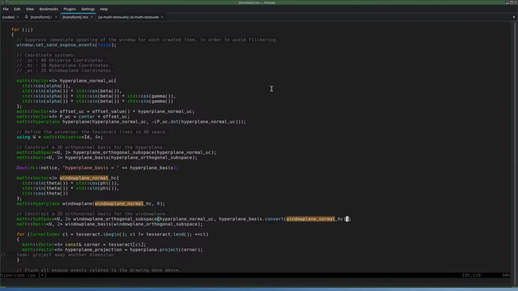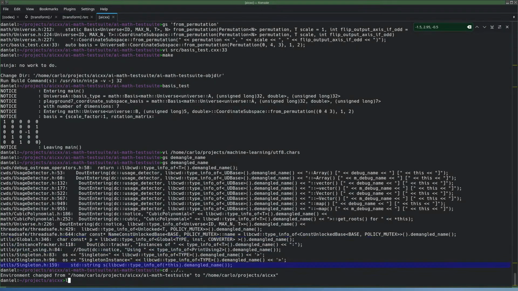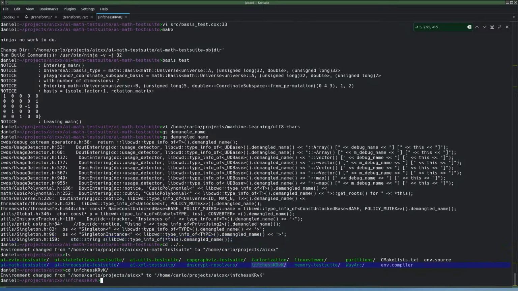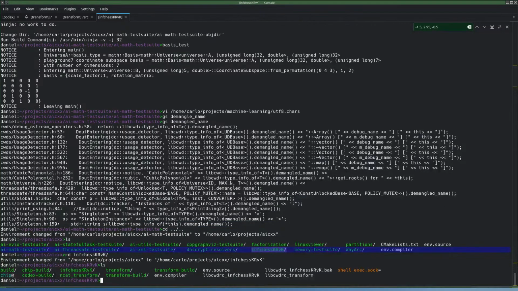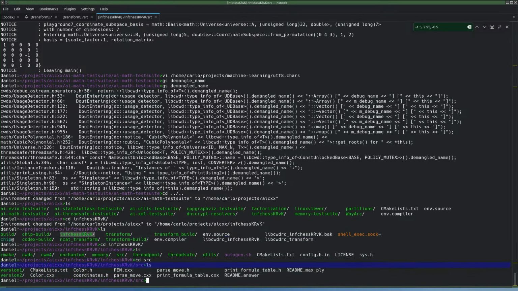I think I'm going to try to find back my project where I had this. The last thing that I did related to coordinate transformations. It's maybe in here. Something with coordinates.